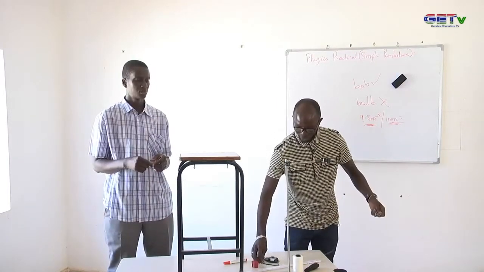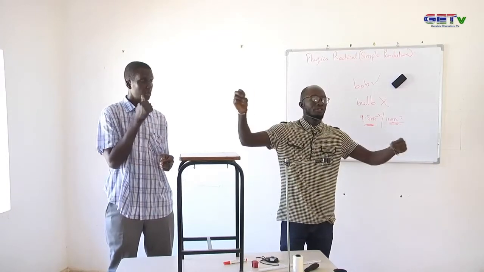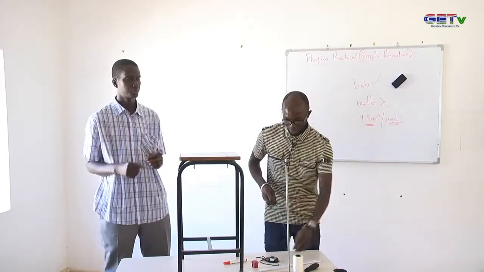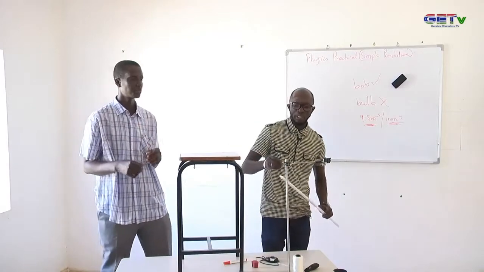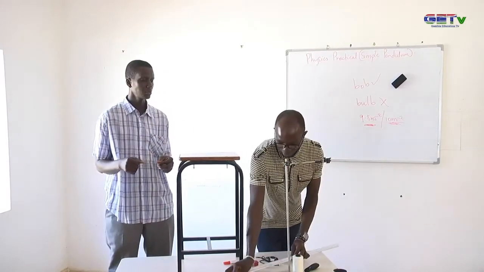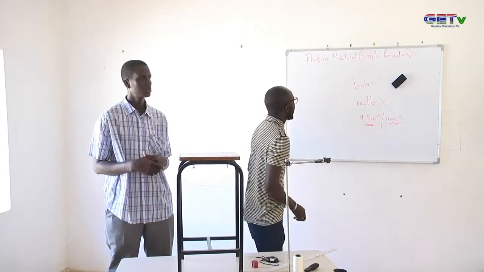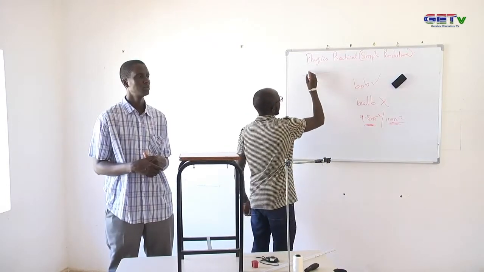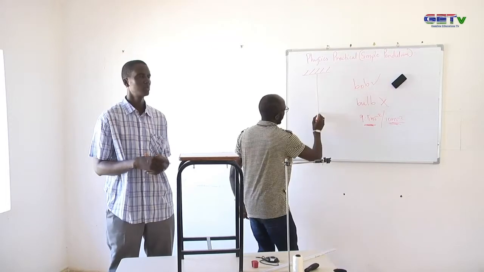Now that we have our string of length 150 centimeters, it's important that we measure the length of the pendulum. Now the length of the pendulum, this is very important. Suppose you have this as your pendulum.